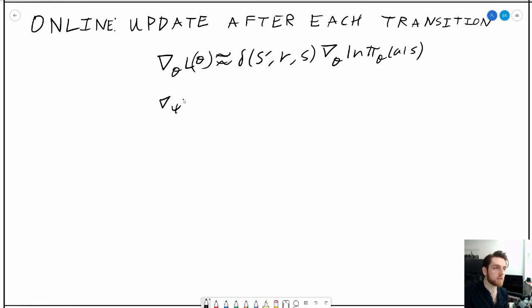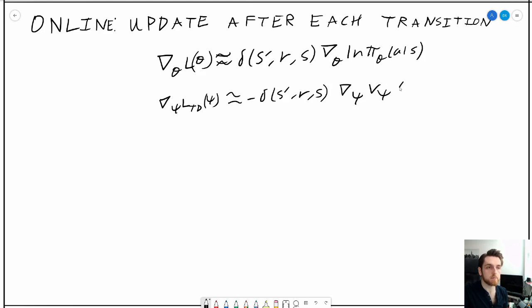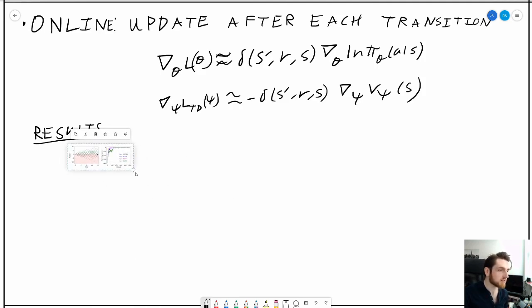And then for the value function, we simply have the negative of this temporal difference error and the gradient of the value. So the results that we get when applying this to our excursion problem are very similar to what we had before, but actually slightly worse, surprisingly.